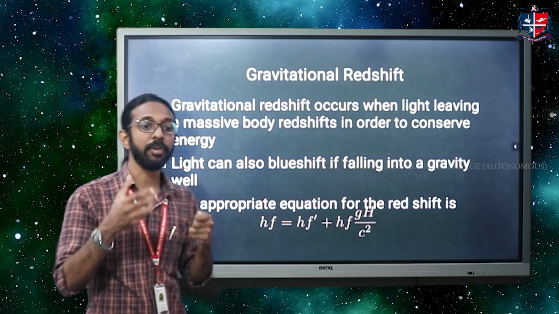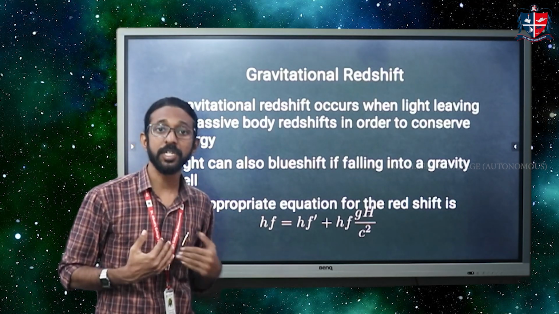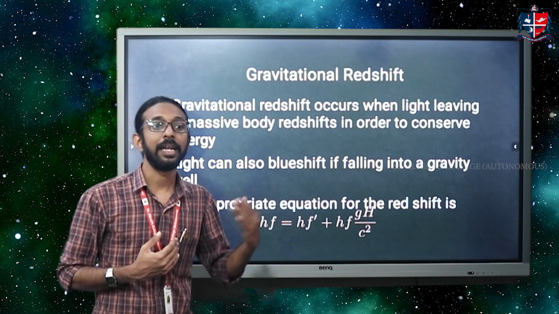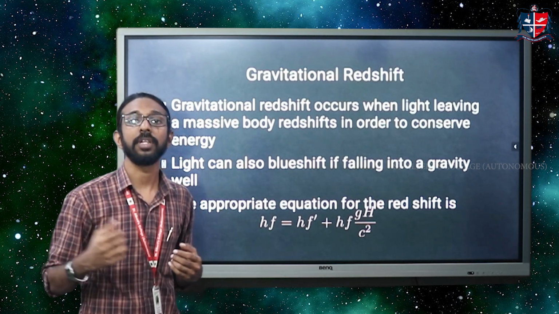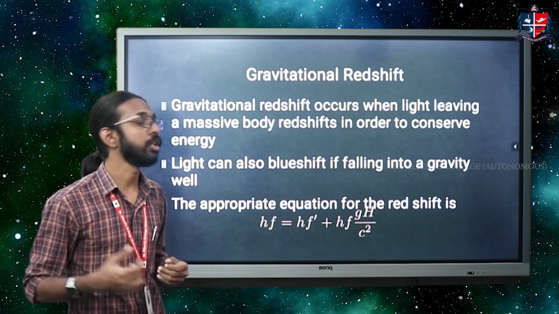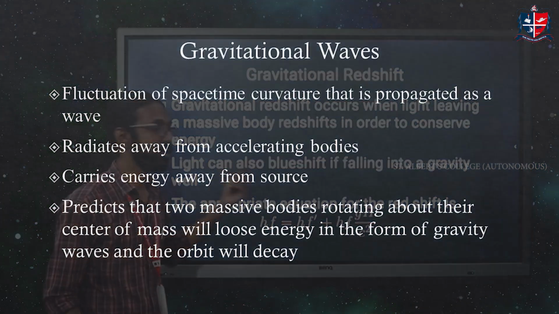If the body is falling towards a massive object, for the observer it seems like the light is being blue shifted, or the wavelength of the light is being shifted to the blue region of the spectrum. This has also been proved through observations.